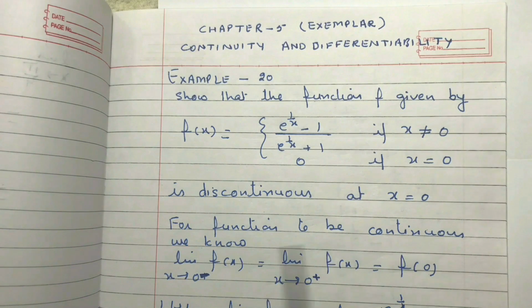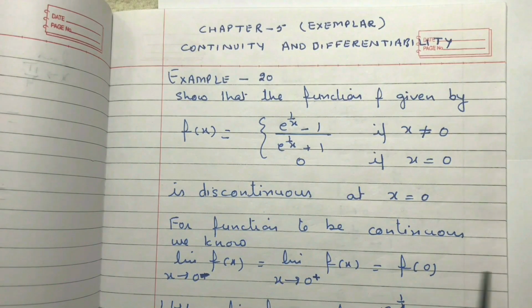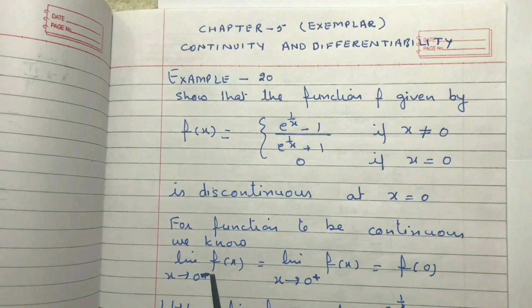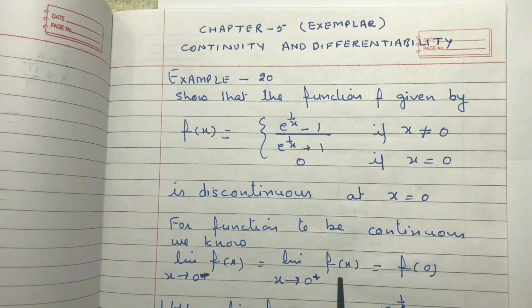For function to be continuous, we know limit of f(x) as x tends to 0 minus is equal to limit of f(x) as x tends to 0 plus is equal to f(0). If left hand limit is not equal to right hand limit, even then this function is discontinuous. In this sum, we are going to prove left hand limit is not equal to right hand limit.